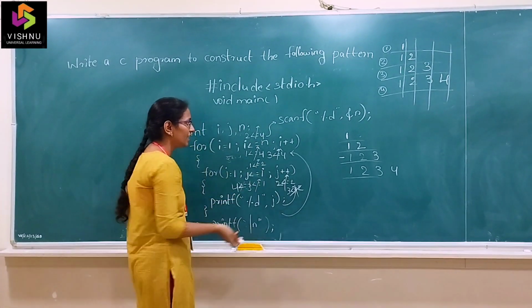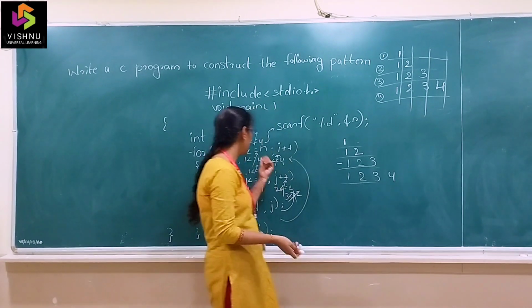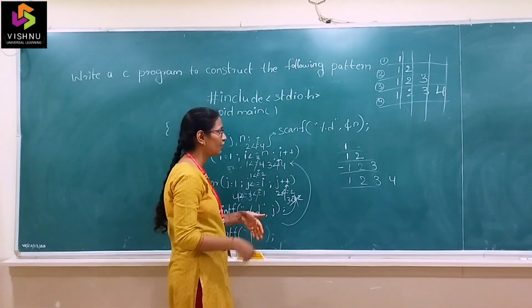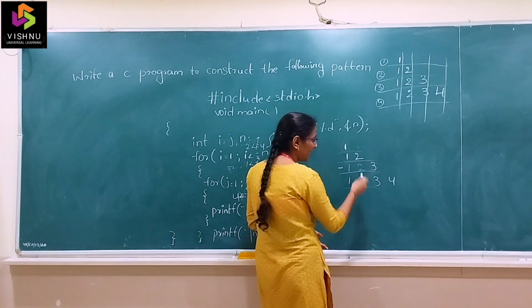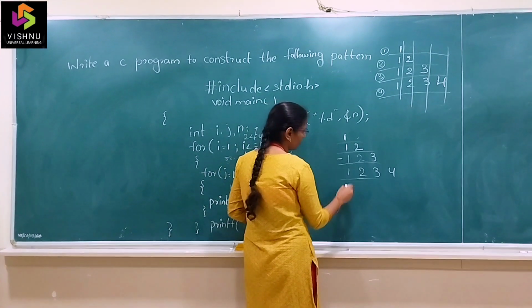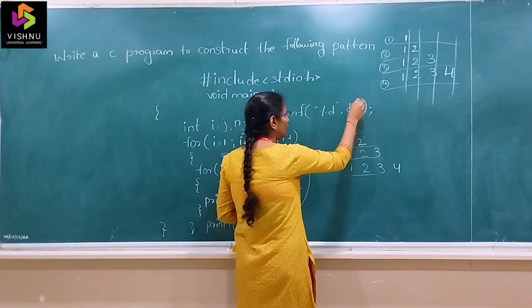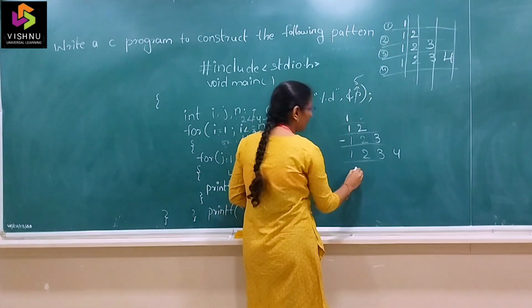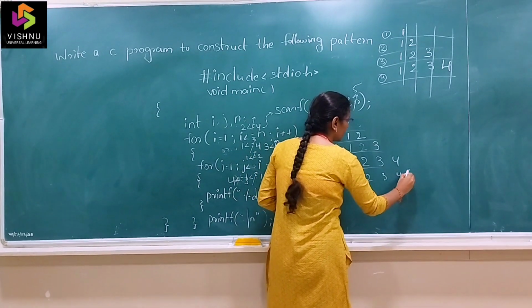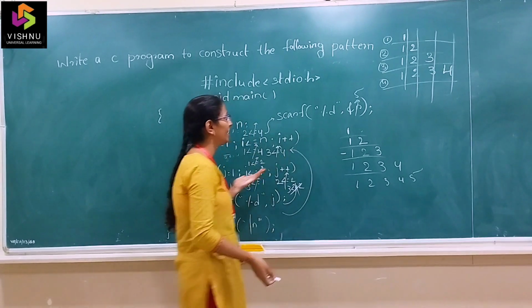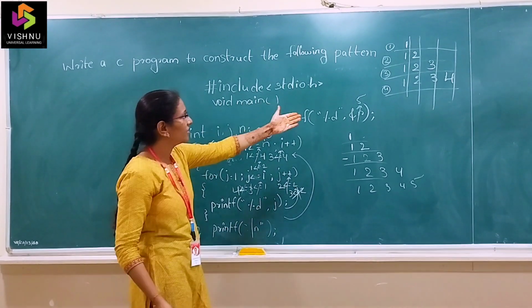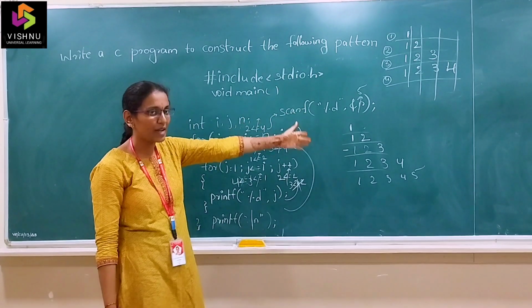If you want to print up to 4 rows, we can give the n value as 4. If you want to print five rows, you can give the n value as 5. It will print up to that, so that we can write the program for the given pattern.